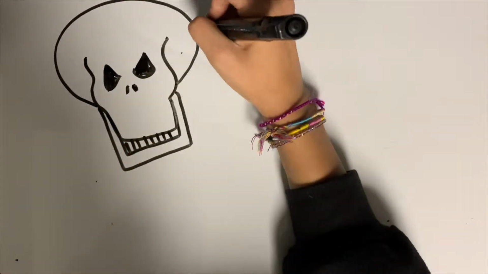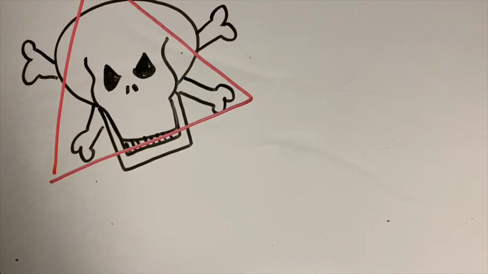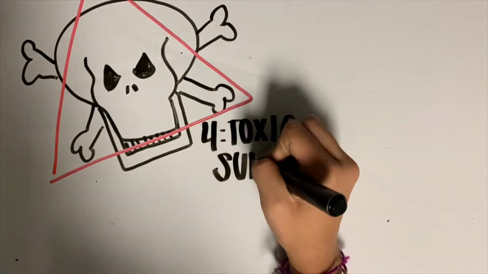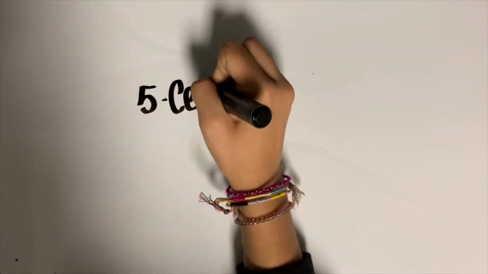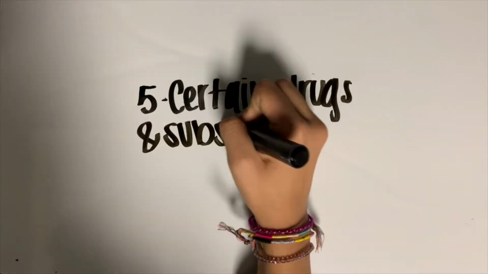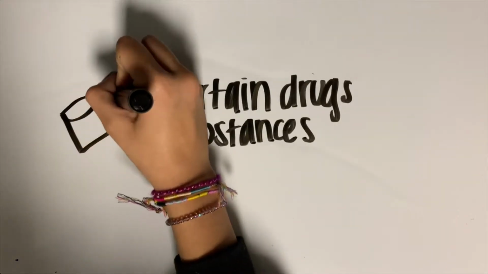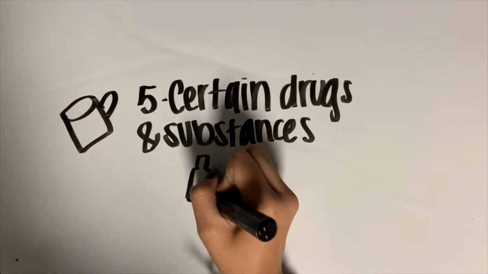Toxic substances like heavy metals, pesticides, drug use, and some prescription drugs can cause permanent damage to the nerve cells that make serotonin and other neurotransmitters. Certain drugs and substances such as caffeine, alcohol, nicotine, NutraSweet, antidepressants, and some cholesterol-lowering medications deplete serotonin and other neurotransmitter levels.